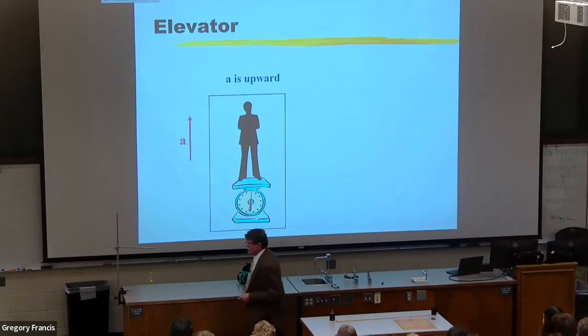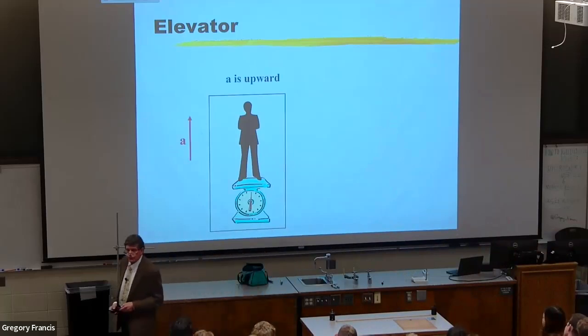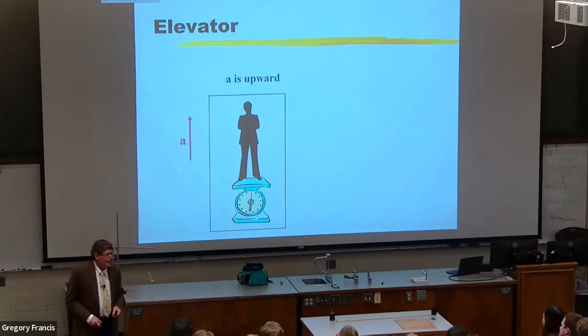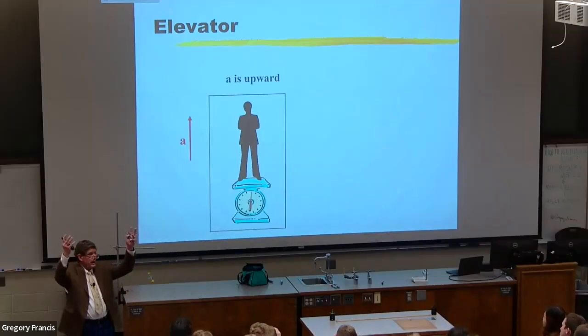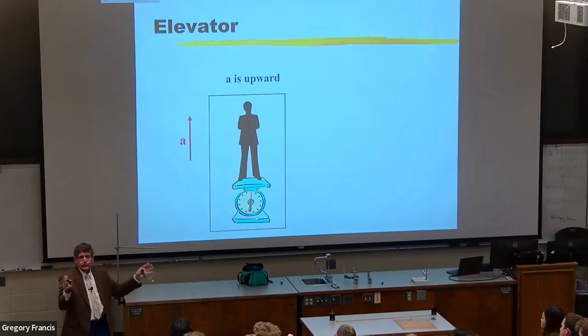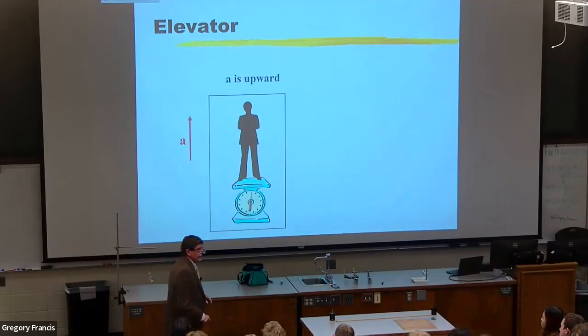But if that acceleration for the elevator is up, and let's just pause to think about what that means. I could be going up to the 10th floor and speeding up, or I could be coming down to the lobby and slowing down. And if you don't have a window in that elevator or lights that light up, you're going to feel the same either way.